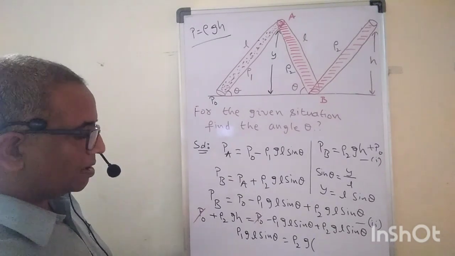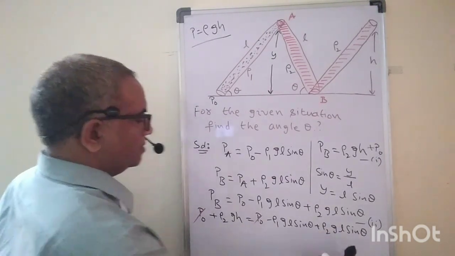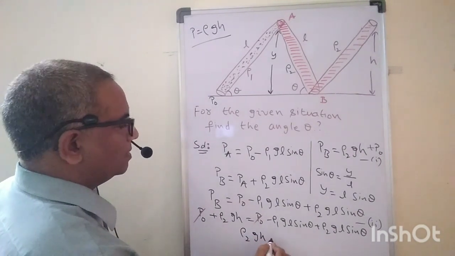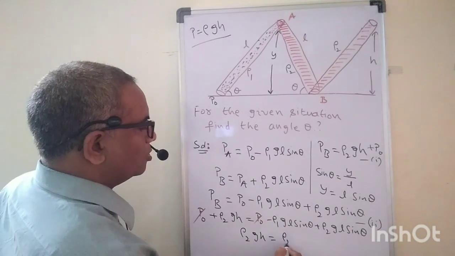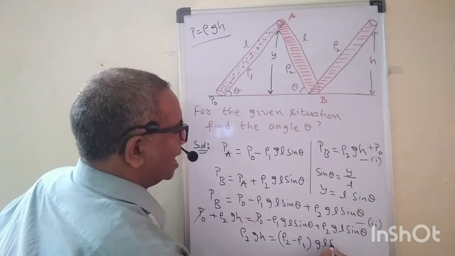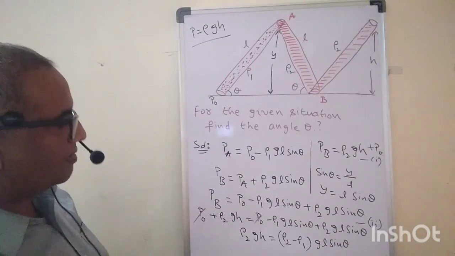Oh, wait. We want to find the sin theta. So I will take rho 2 GH equal to rho 2 minus rho 1 into GL sin theta.